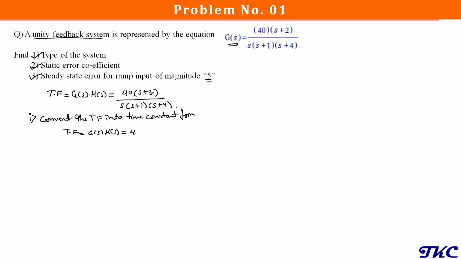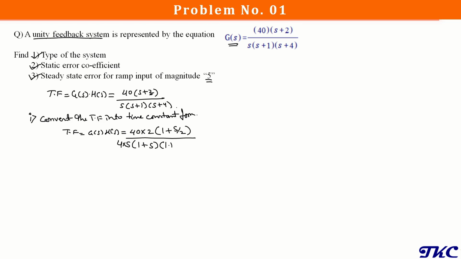So we can write it as 40 into 2. This bracket we can also write as (1 + s/2), since we have taken 2 common, so we need to divide s by 2. Similarly, we can do with the denominator also. This s is separate. For this bracket, we write it as it is because 1 is there. But for this bracket, we need to take 4 out, so we can write 4 outside.